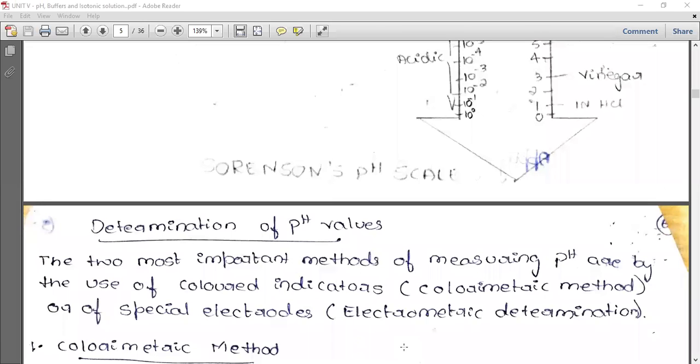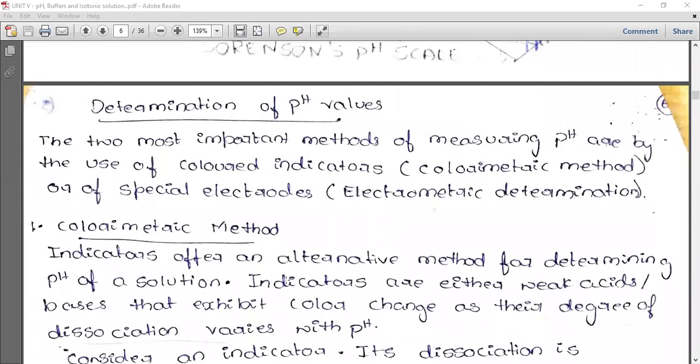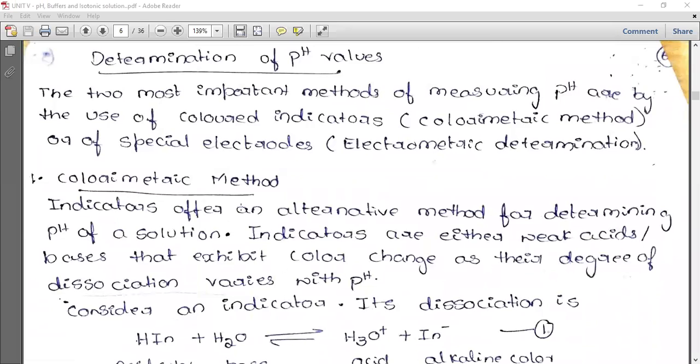Phenolphthalein, ma'am. Right, phenolphthalein. Just assume that, and we'll move ahead. It's an alternative method. As I said, the perfect method is the electrometric method, but still you get the value of the pH on an average, not exactly, for determining the pH of a solution. Indicators are weak acids or bases; actually it's a mixture of both.